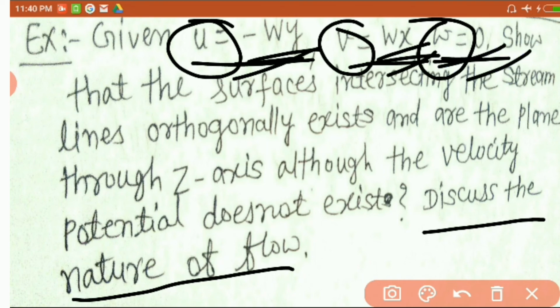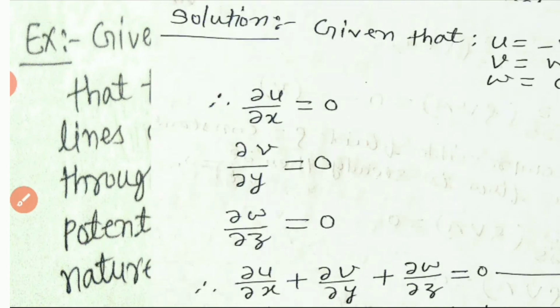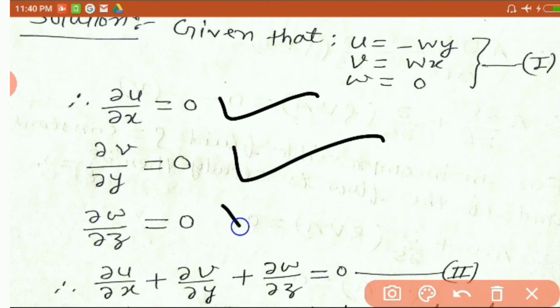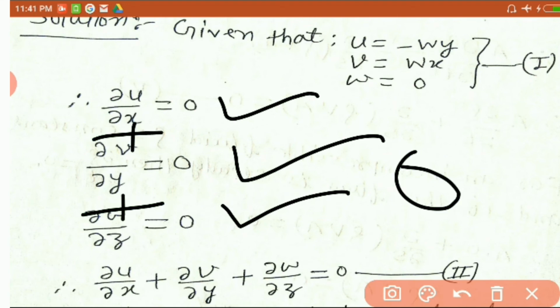The derivative of w with respect to z is also 0. So ∂u/∂x is 0, ∂v/∂y is 0, ∂w/∂z is 0, and the addition of these is also 0.